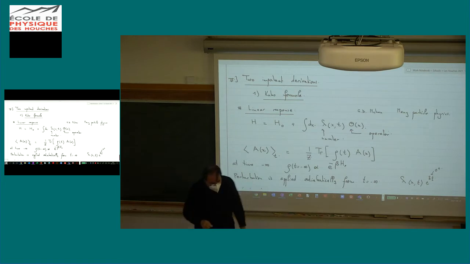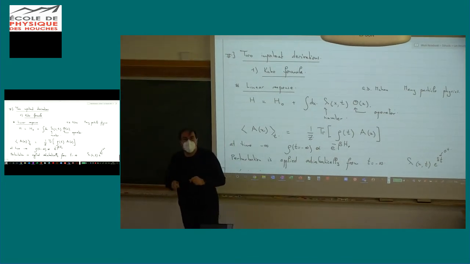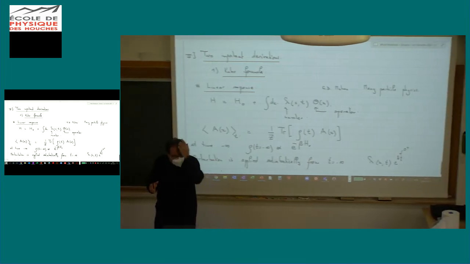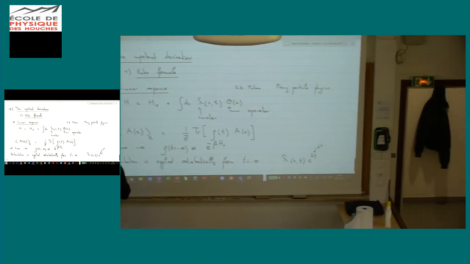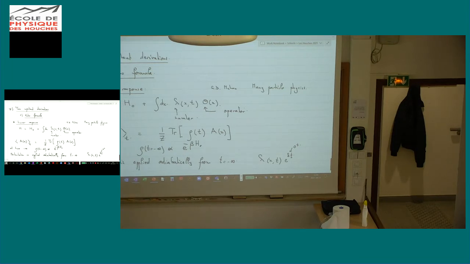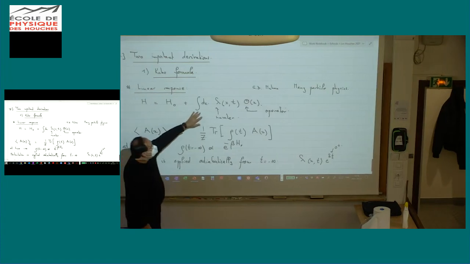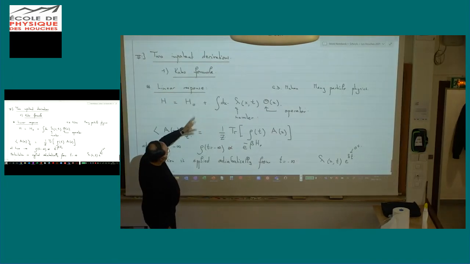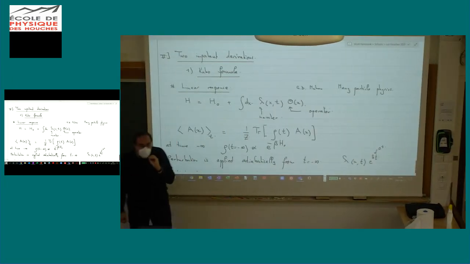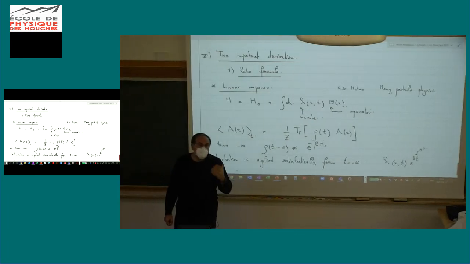I reminded you yesterday of the very general formula of linear response, which is valid whatever is the system, whatever is the Hamiltonian, provided you only want to know small deviations from equilibrium. So we want to perturb a system very little away from equilibrium, which is in condensed matter certainly what I would call 90% of the measurements that were done.